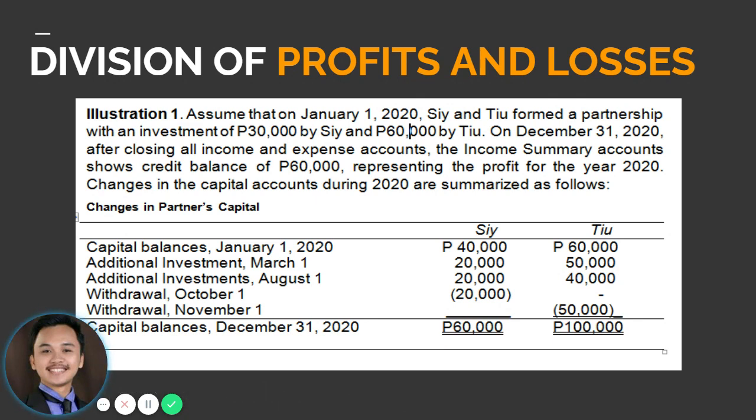Same thing with Chu. It has a beginning balance of 60,000, and then at the end of the year, its balance increased to 100,000. Of course, that change is from additional investments and withdrawals they made for that particular year.